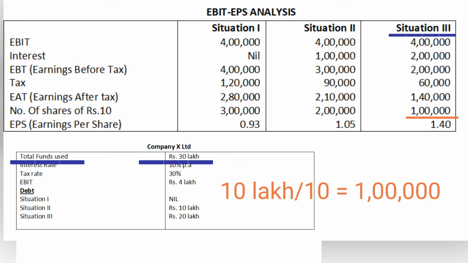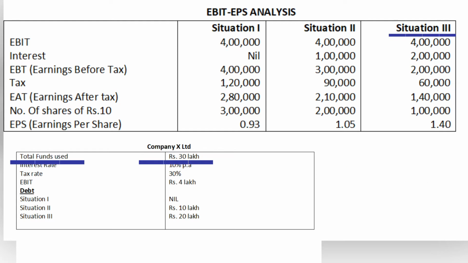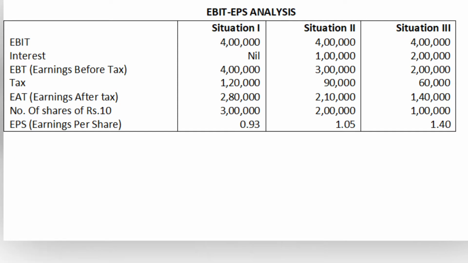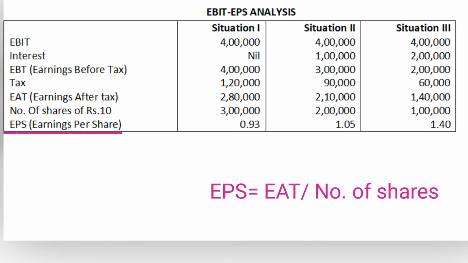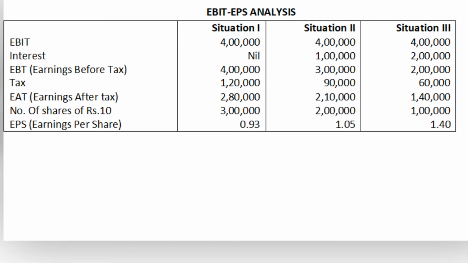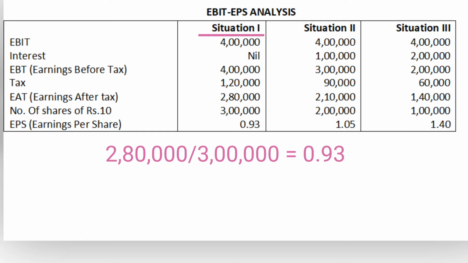Now, students, earning per share is earning after tax divided by number of shares. Earning per share shows how much the shareholder is earning per share. Now, in situation number 1, earning after tax was 2,80,000 and number of shares were 3 lakhs.